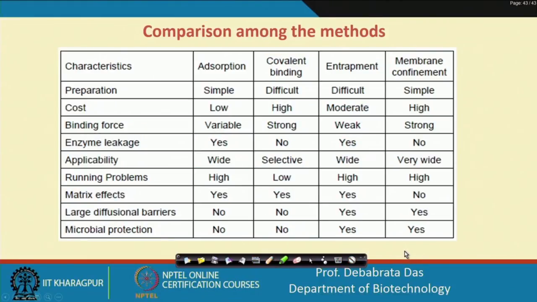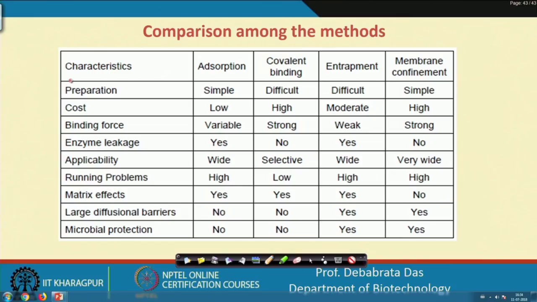Now, when we select the method for immobilization of enzymes, it depends on the characteristics. What kind of characteristics are we really looking for? Here I want to stress one very important thing: all immobilization techniques are not suitable for all enzymes.